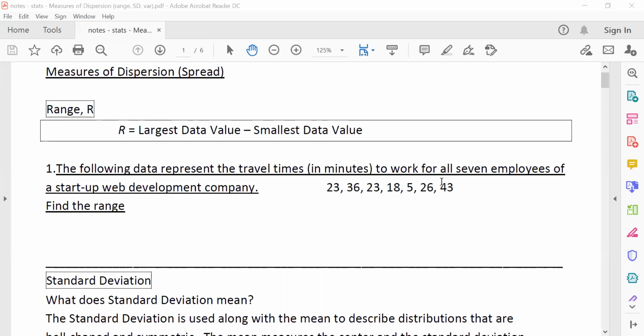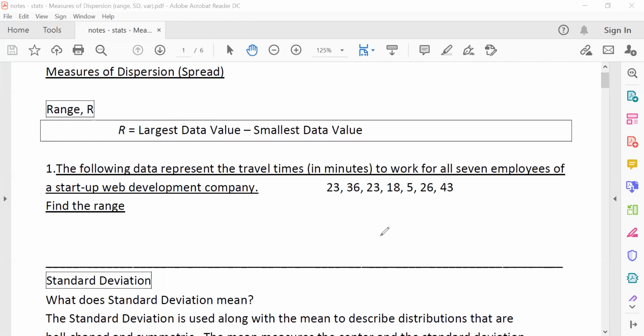So the first most immediate measure of dispersion that we're going to look at is the range. The range is just going to be the largest data value in the set minus the smallest data value. It's really straightforward. It is exactly what it sounds like, almost not even interesting.